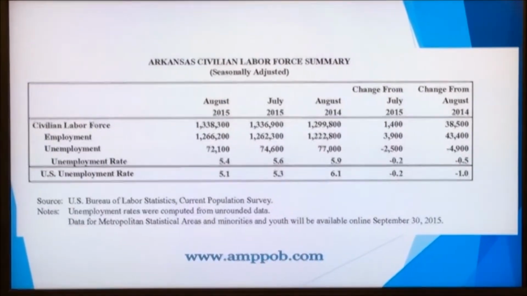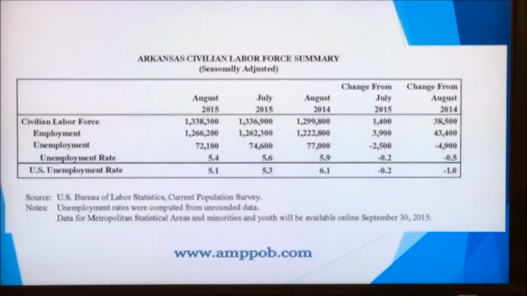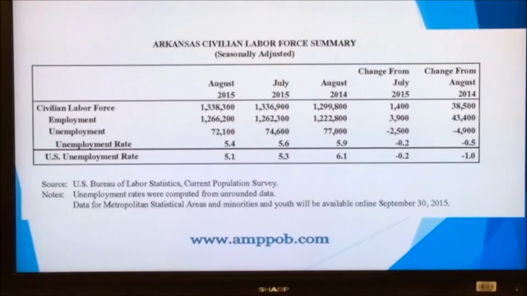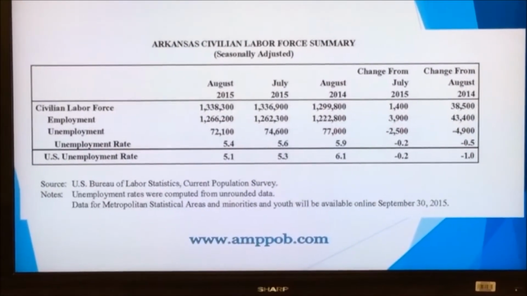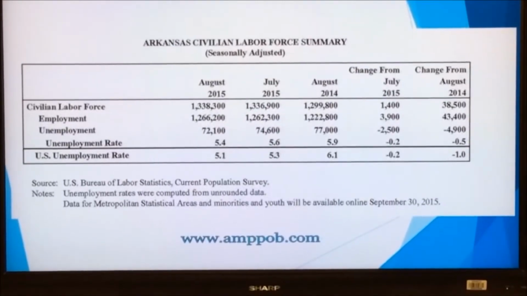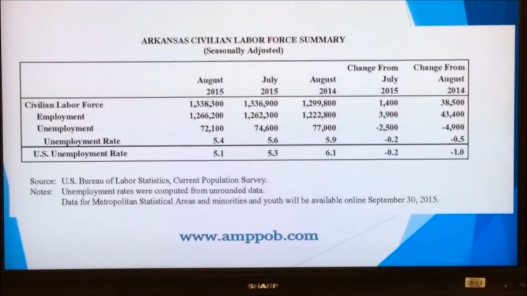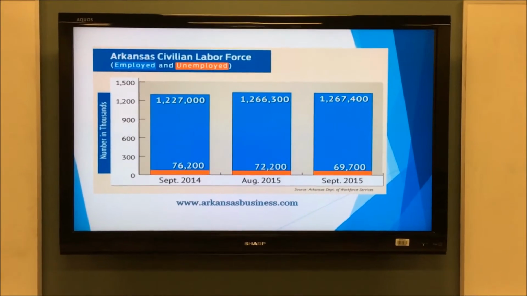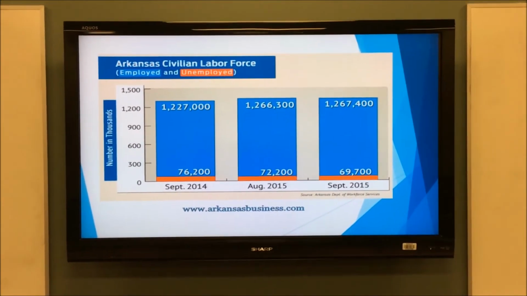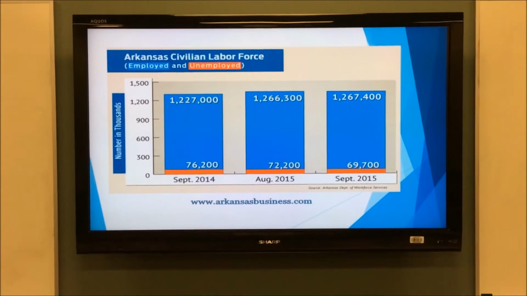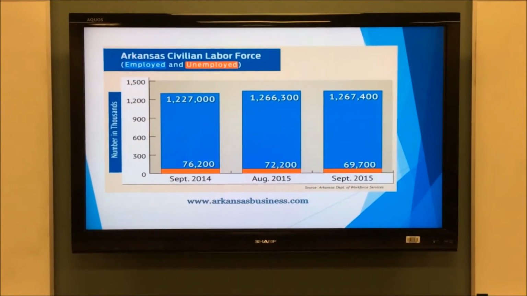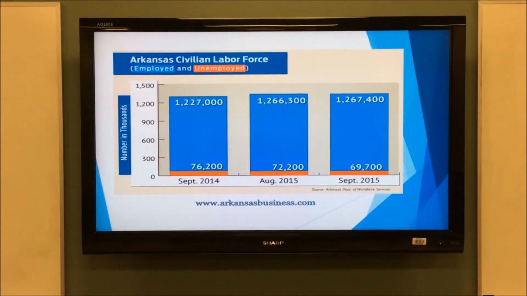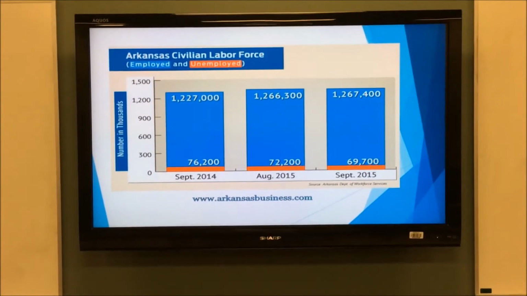Well, as we can see, according to the Arkansas Civilian Labor Force, in August 2014, we had a 5.9 rate of unemployment. And in August 2015, we can see that we have a 5.4. You can see, according to the Arkansas Civilian Labor Force, the number of unemployed people decreased from September 2014 to September 2015, and the number of employed people increased from September 2014 to September 2015.